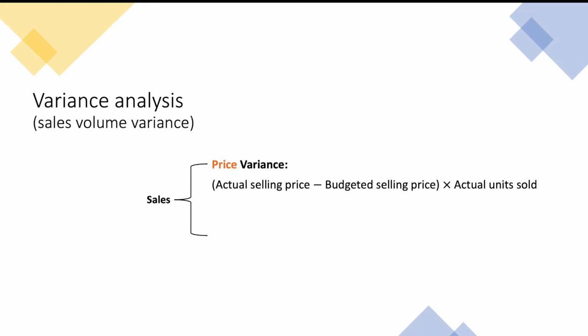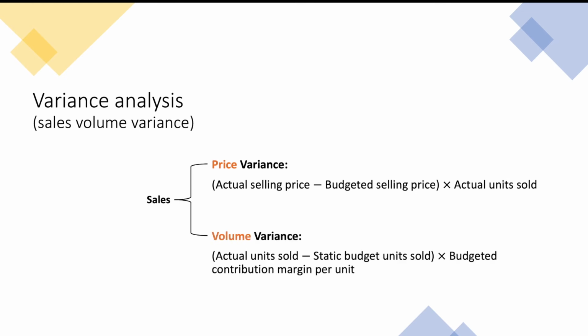The sales price variance is the difference between actual selling price minus budgeted selling price, multiplied by actual units sold. That will be the price variance. Now come to the volume variance.